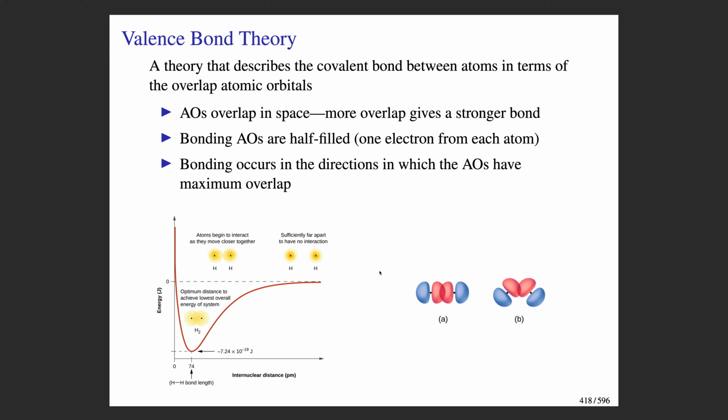So, as I said, the main idea is that in order to have a chemical bond between two atoms, the atomic orbitals of those two atoms must overlap in space. Okay? And the more overlap you have, the stronger the bond that forms. Okay? So this enables electrons to be shared between two atoms.